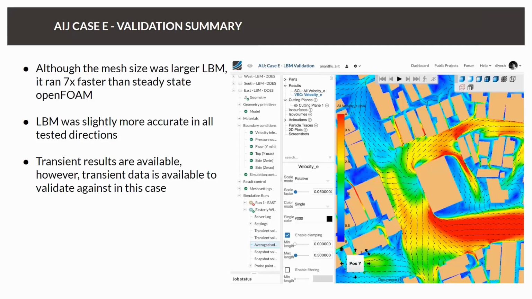Now, there is a clause that I've stated here at the end. We don't have the transient data from the Architectural Institute of Japan, so we haven't validated our transient data for pedestrian wind comfort, but we could probably imply from the accuracy of the mean results that they're going to be pretty good.